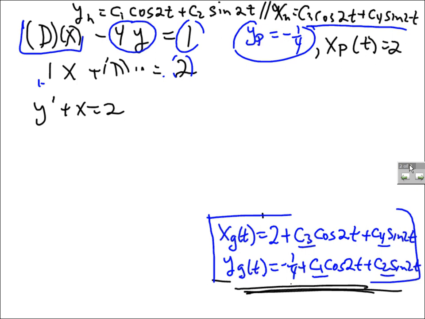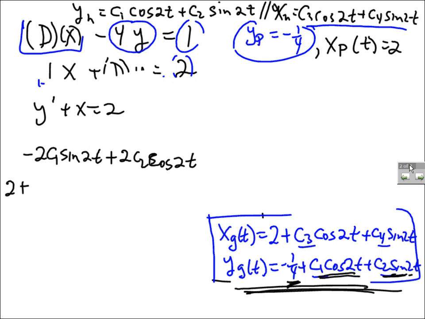So let's write down y prime. The derivative of the constant is 0. The derivative of positive c1 cosine 2t is negative 2c1 sine of 2t, plus the derivative of this will be 2c2 cosine of 2t. And then I add on x: 2 plus c3 cosine of 2t plus c4 sine of 2t, just writing these cosines under the other cosines.